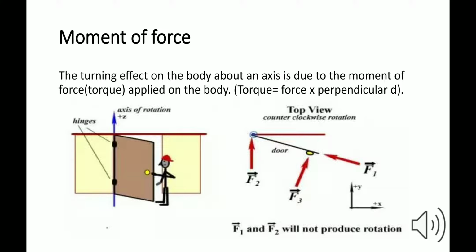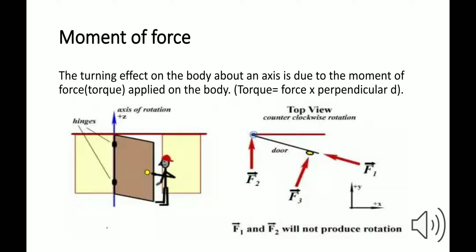Okay, now one more thing, the force applied from anywhere on the object will not have a turning effect. For example, if you see the second example, you can see force F1, force F2, and force F3.